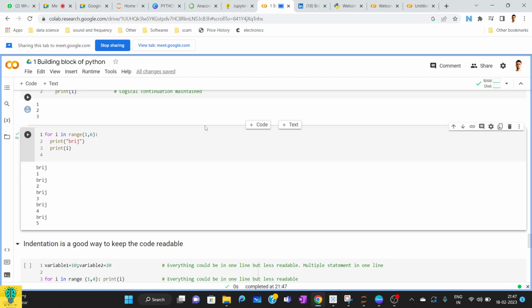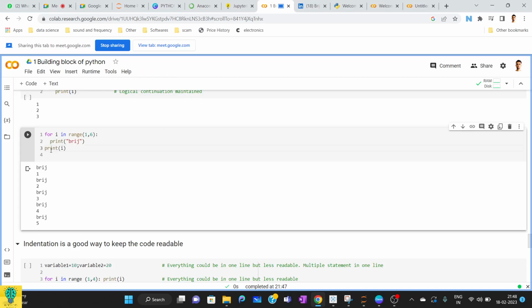So why are we using gaps here? Gap is basically going to tell the Python language that whatever number of lines follow with this number of gaps are one single block of code. They are not separate. These are one thing. So both line two and line three are one.